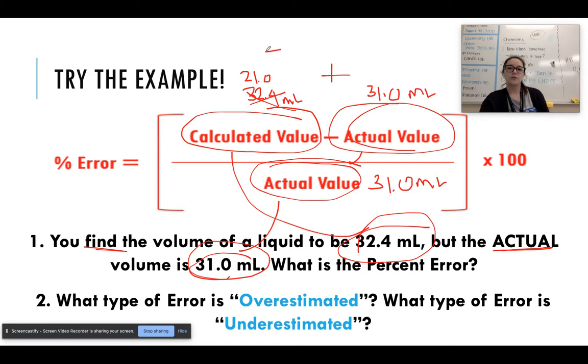So I'd end up with a negative value instead, and I'd have an underestimate because I could have had more. My measurements are very off, first off. However, this is small, and so I end up with this negative, which means I have an underestimate. Whereas if I have a positive, I'm overestimating. Positive means more, negative means less.